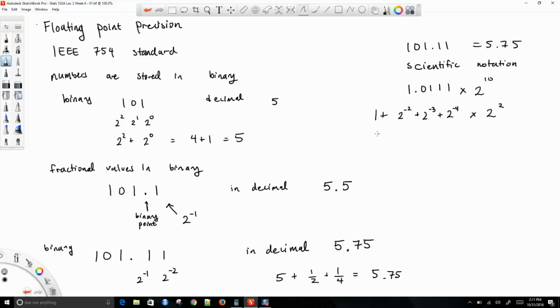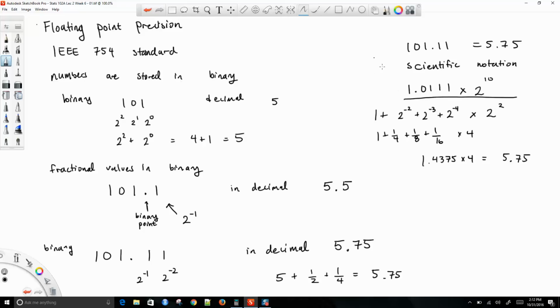And so this becomes 1 plus 1/4 plus 1/8 plus 1/16 times 4, and this is, I don't know what this is, 1 and 7/16 times 4, or 1.4375 times 4, and we get indeed 5.75.